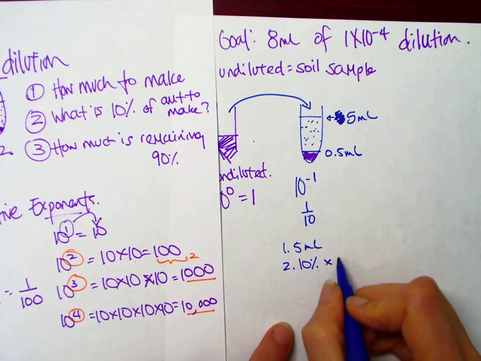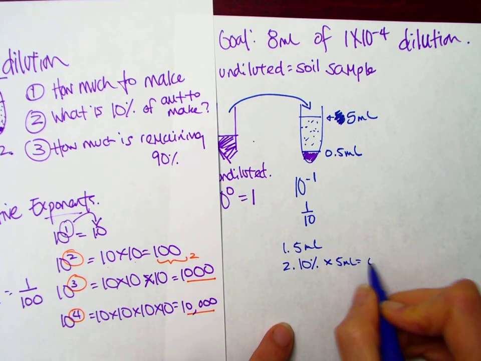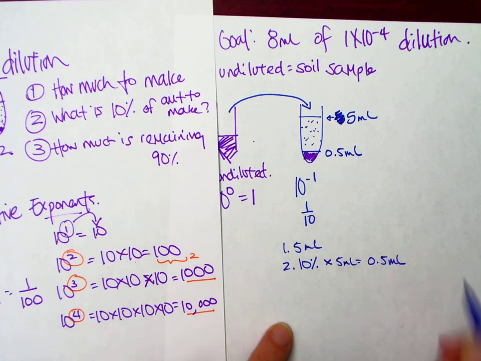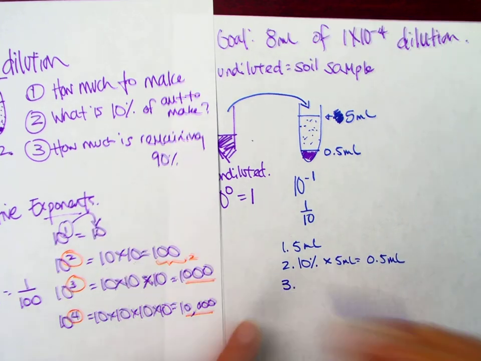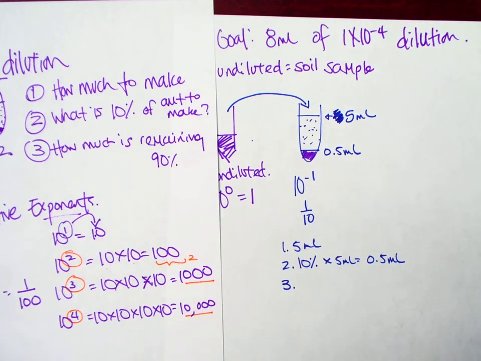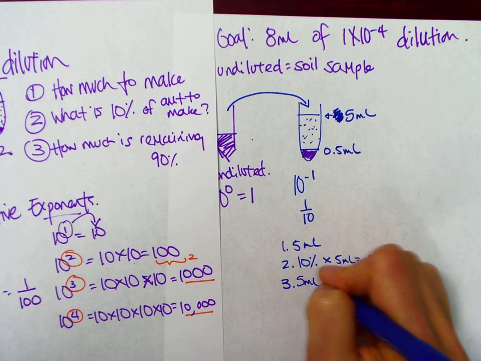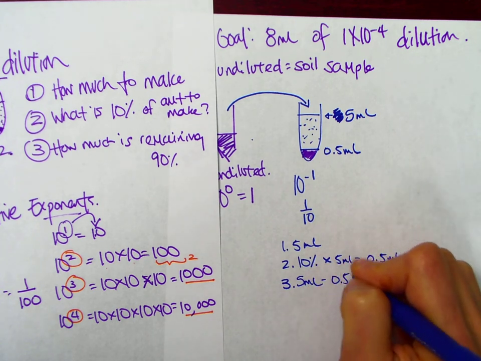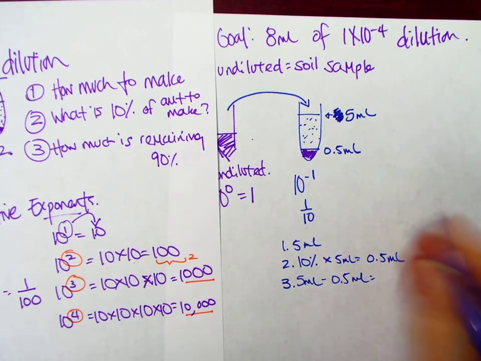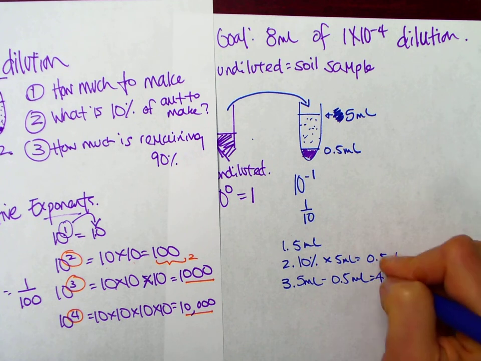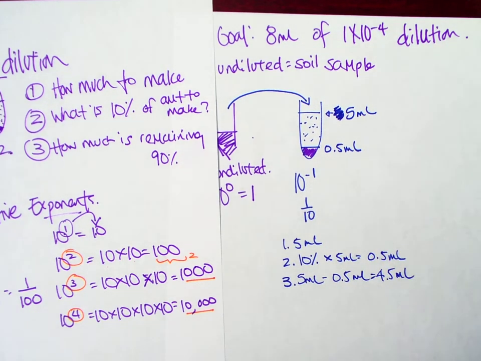So 10% of 5 mils is 0.5 mils. And then the remaining 90%, do not worry if you can't do that in your head, because like 90% of 5, you can just do 5 mils minus 0.5 mils, which I'm confident you can all do, gives us the remaining 90%, which is 4.5 mils.